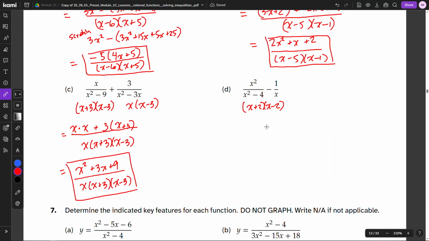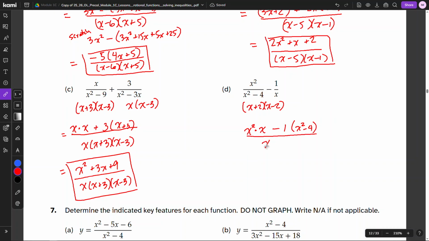And lastly, we have our setup here. Missing from x squared is an x from the denominator, so I'm going to have x squared times x. Minus 1 missing on this side is both of these terms, so I will just call that x squared minus 4 to make my life easier.